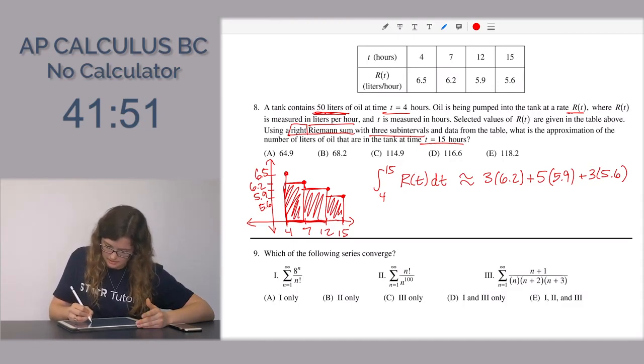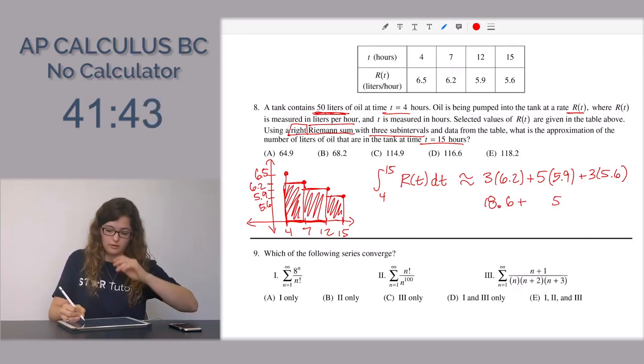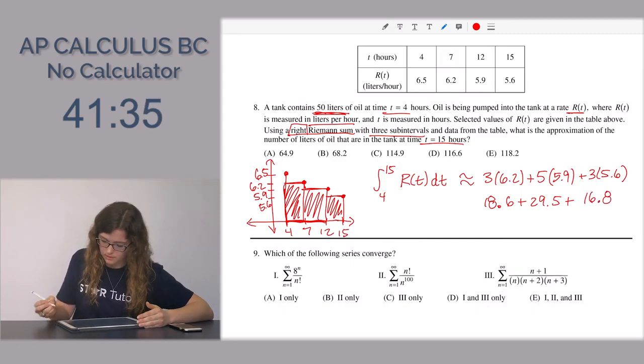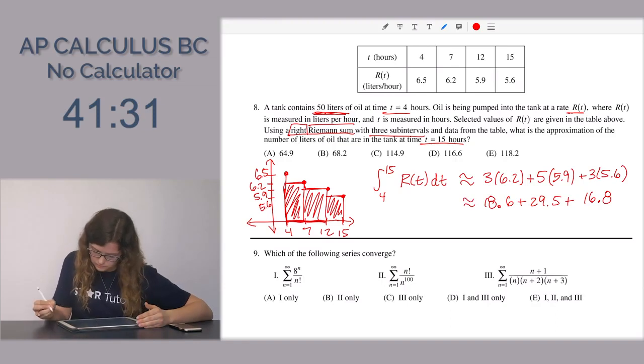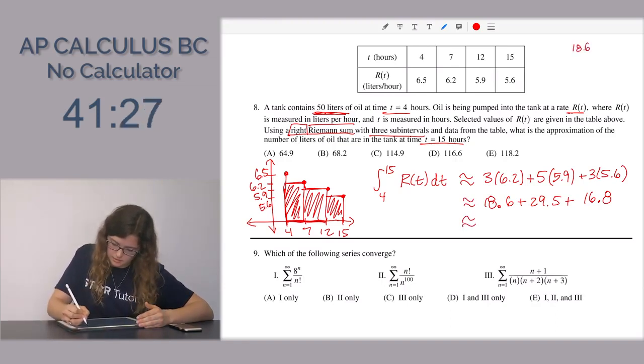Let's see, my mental math. 3 times 6.2 is 18.6, plus 5 times 5.9 is 29.5, plus 3 times 5.6 is 16.8, and then I add those together. Let's see, I'm going to write them up here.